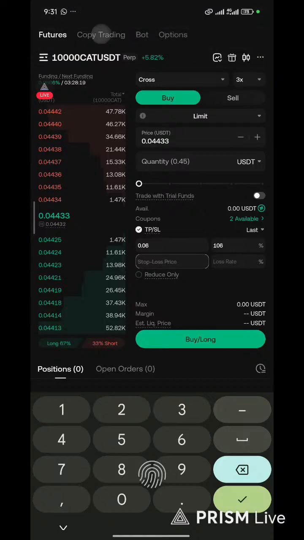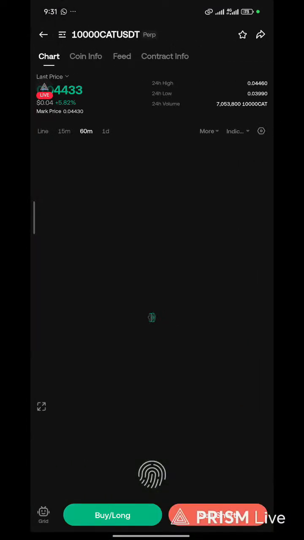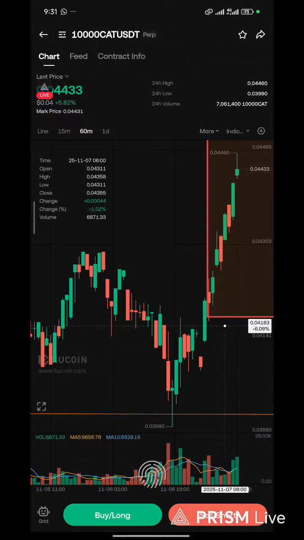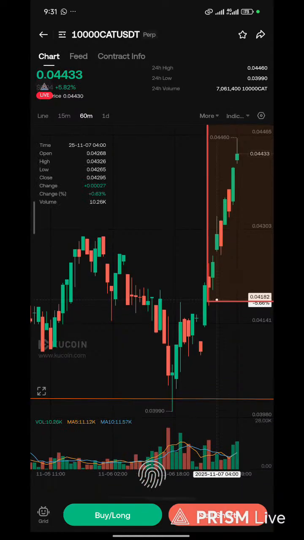And my stop loss, I'm going to say my stop loss here is 0.041, right?